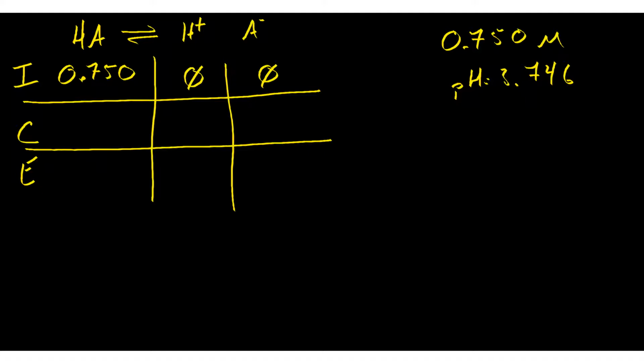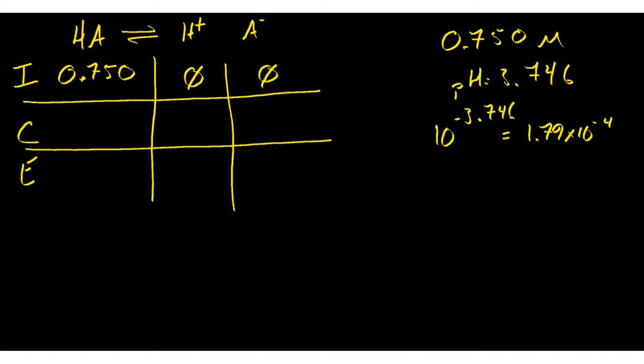As for the equilibrium concentrations, we actually already have those, sort of, because we have the pH. And from pH, we can get the concentration of H+, because 10 to the negative pH is the concentration, so 10 to the negative 3.746 gives a concentration of 1.79 times 10 to the negative fourth.